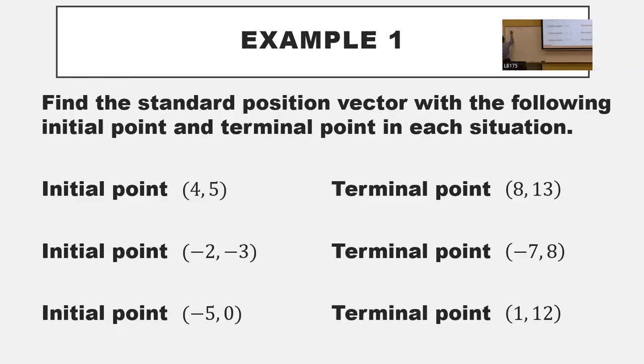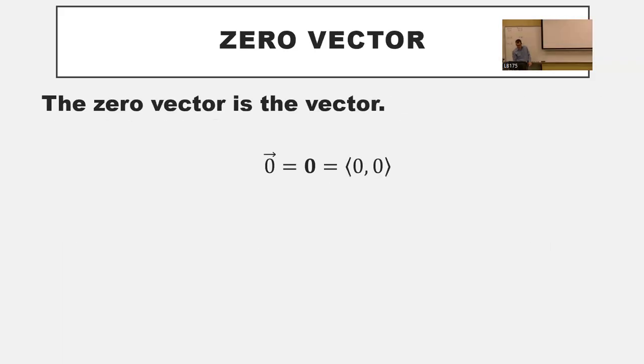So if the initial point where the vector starts is 4, 5, and the ending point is 8, 13, or the initial point is -2, -3, and the terminal point is -7, 8, or the initial point is -5, 0, and the terminal point is 1, 12. We want to find the standard position vector in each of those cases. All right.